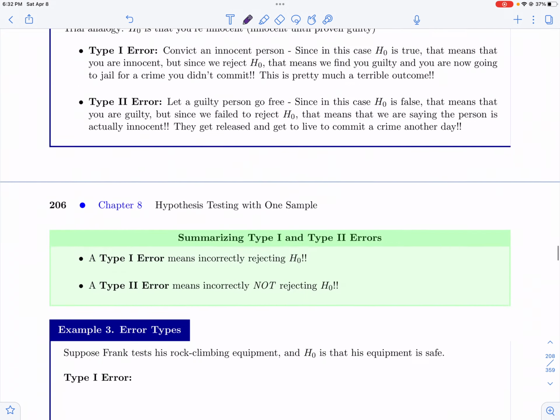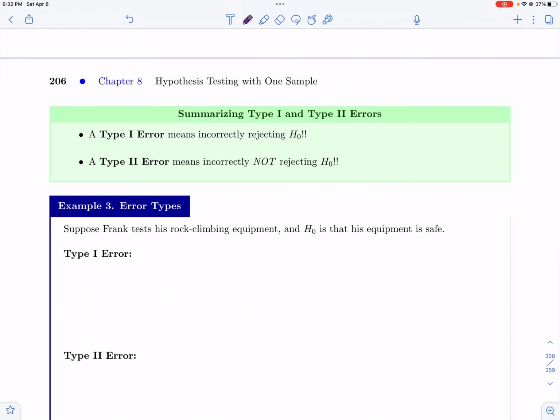So again, we think H naught is false, even though H naught is true. And here we think H naught is true when H naught is actually false.